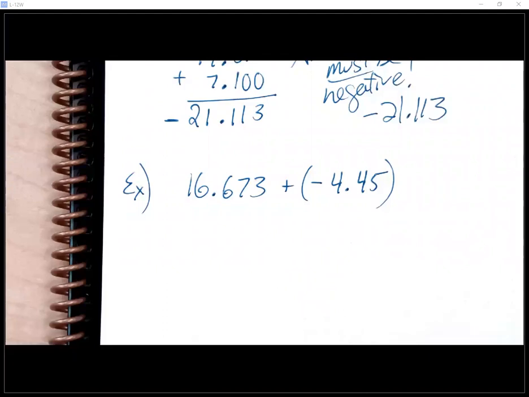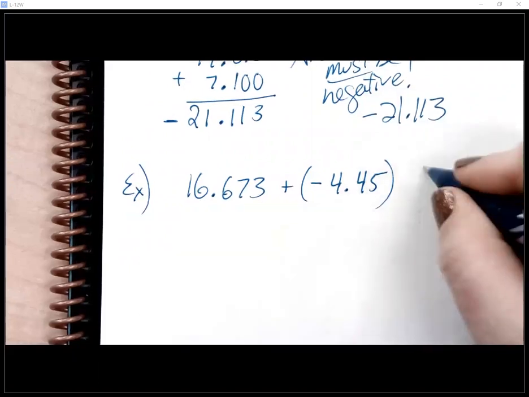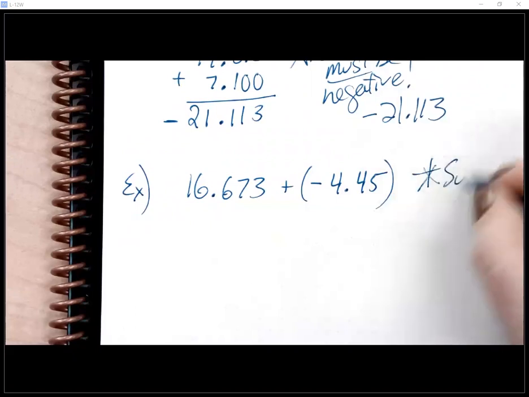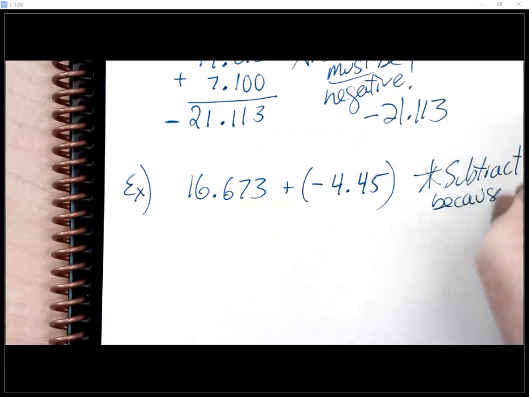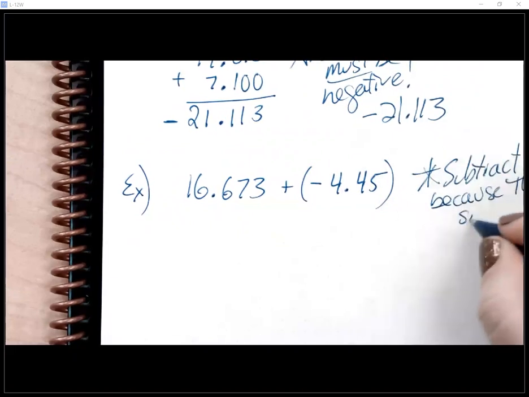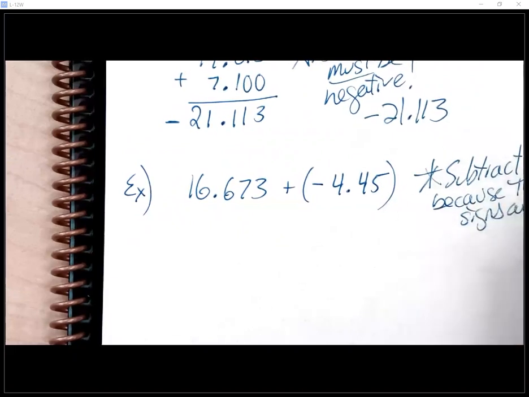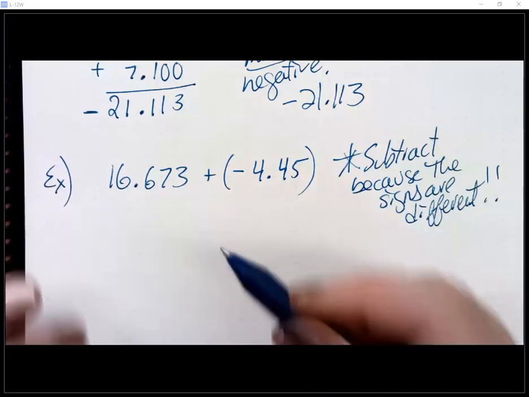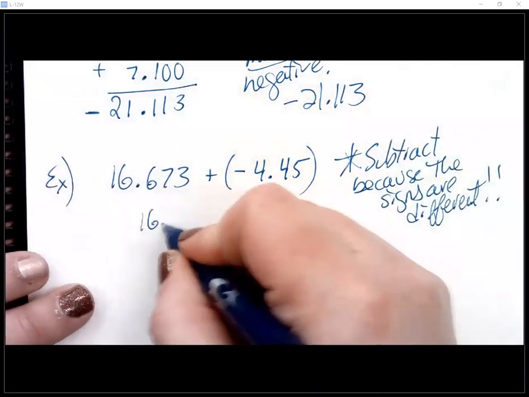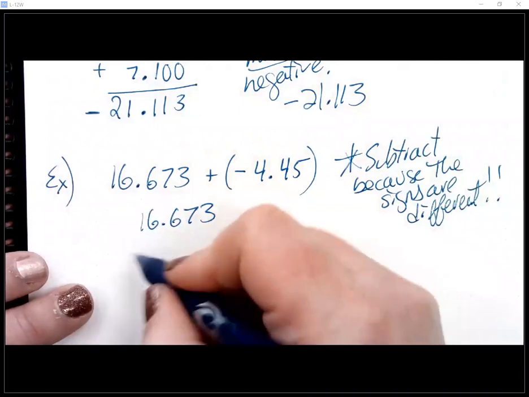Okay, so this one, I really need to subtract, because the signs are different. So we're going to take the bigger number, 16.673, minus the smaller number, 4.45.